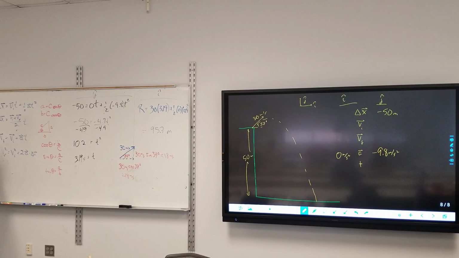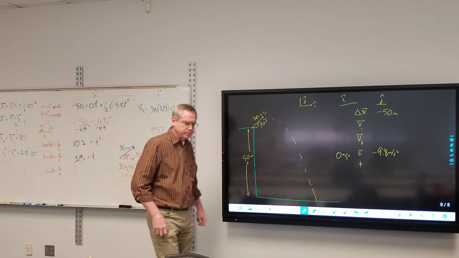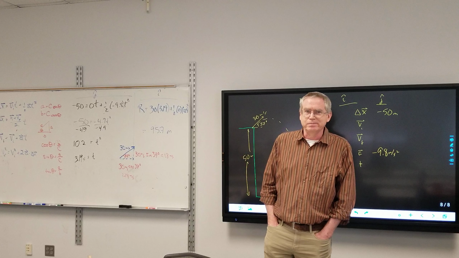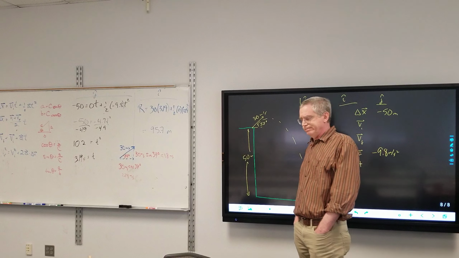Okay. I chose 37 degrees so that it would work out close to 18. If you wish to take the extra decimal points, go for it. So my horizontal component is 24 meters per second.